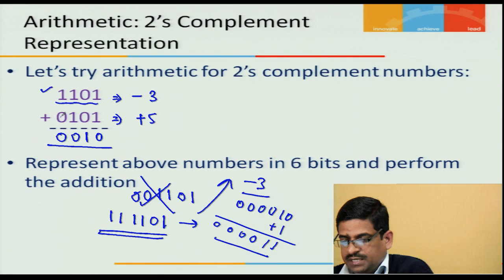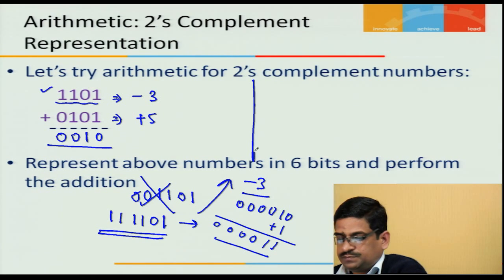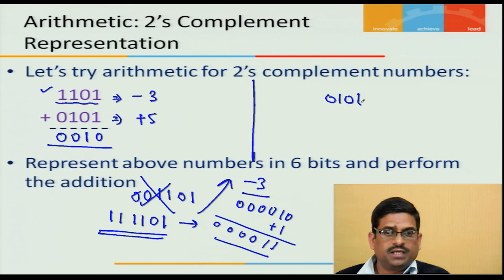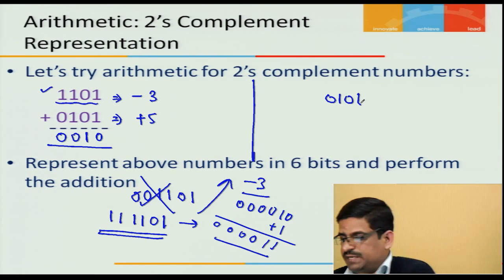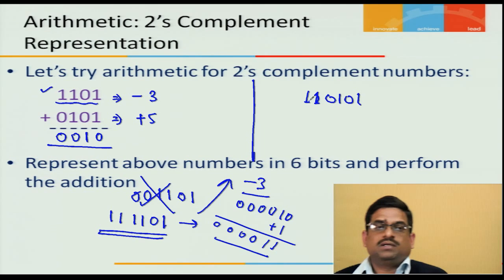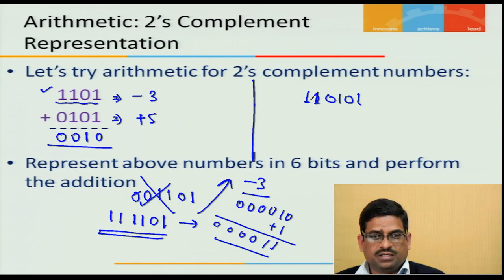Now try the second number, which is 0 1 0 1. If I add 2 extra ones at the left side of this number to represent it using 6 bits, will it work? Will the value of the number remain the same?